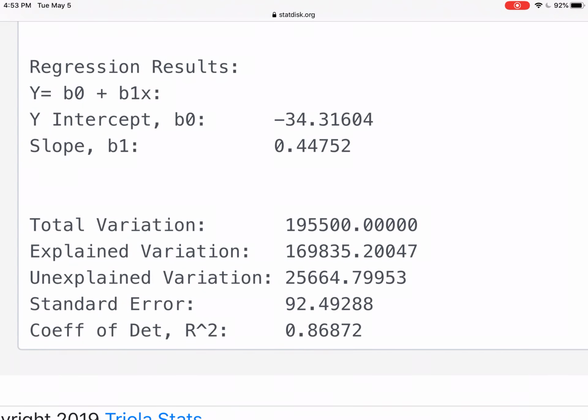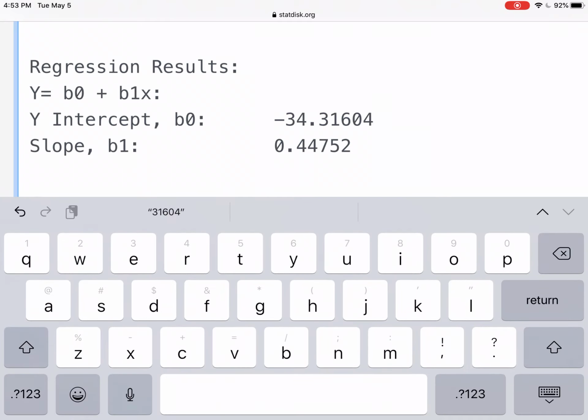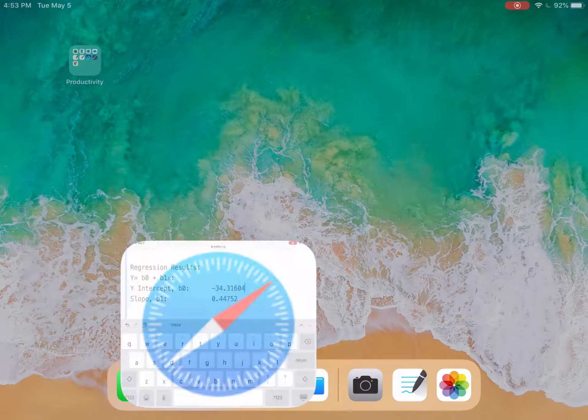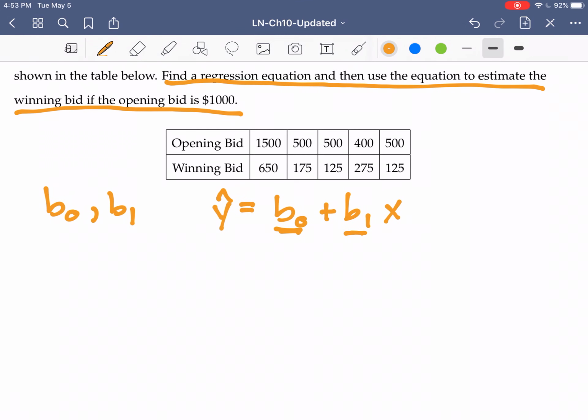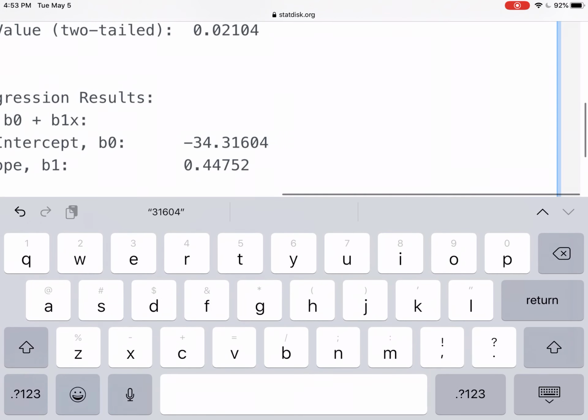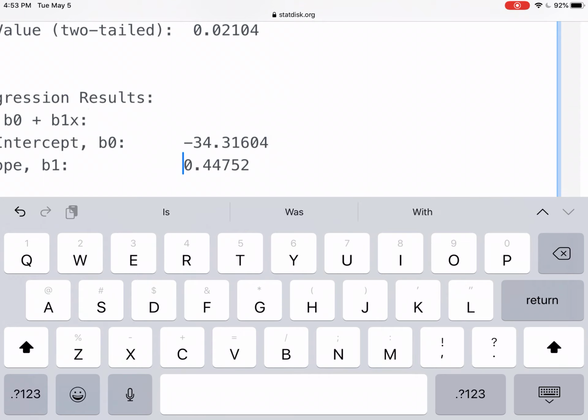So y equals b0 plus b1x. The y-intercept, b0, is shown right over here: negative 34.3, to one decimal place. Our value b1, just below it, is positive 0.4.